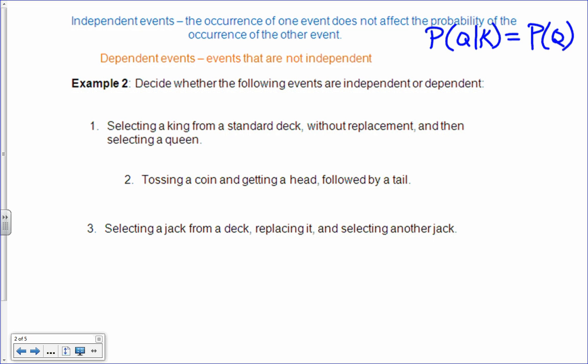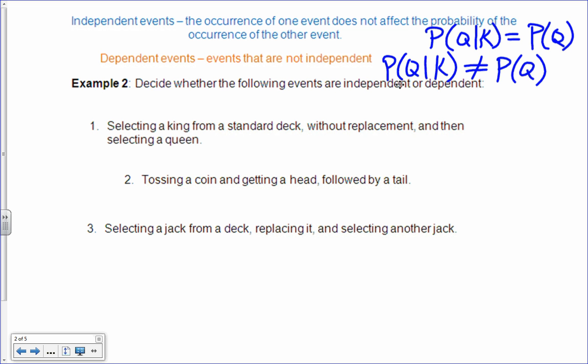So if they are dependent, this is what happened to us in that first problem. Probability of Q given K was not the same as just the probability of Q by itself, correct? So that made them dependent, okay? They are independent if actually these two end up being equal, okay?